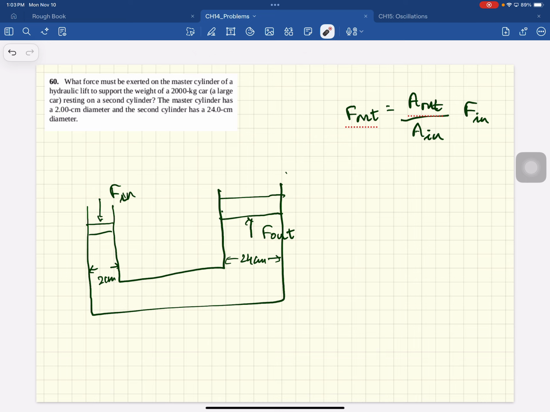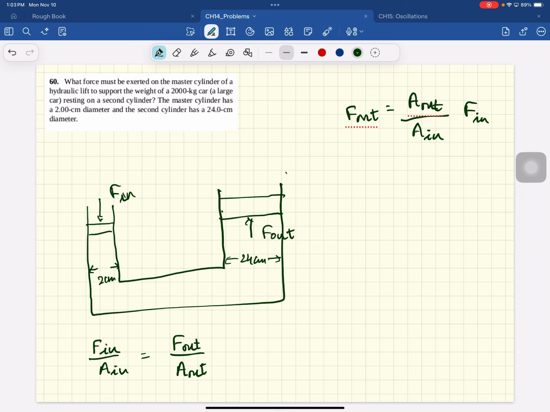Mr. Pascal tells you, if you increase the pressure at any location in the fluid, that increase in pressure is transmitted everywhere. So output force divided by output area is the output pressure. If you increase the pressure at this location, that same increase in pressure is seen there. So here's the output force and here's the output area.